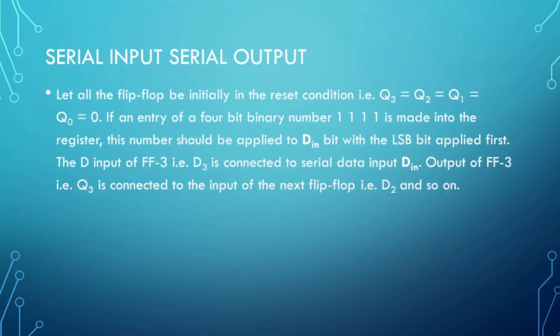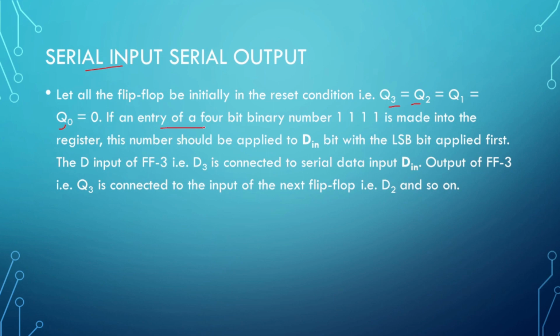First one is the serial in, serial out shift register. Usually, in this register, all of Q3, Q2 and Q1 will be in the reset condition, that is equal to 0.